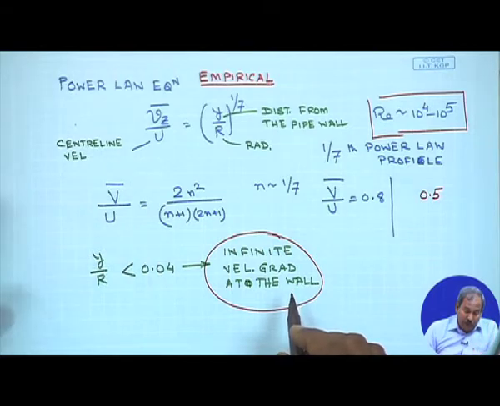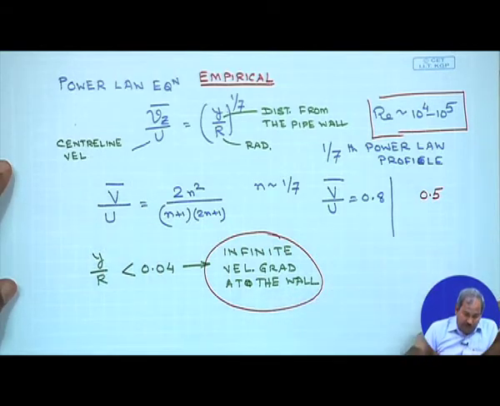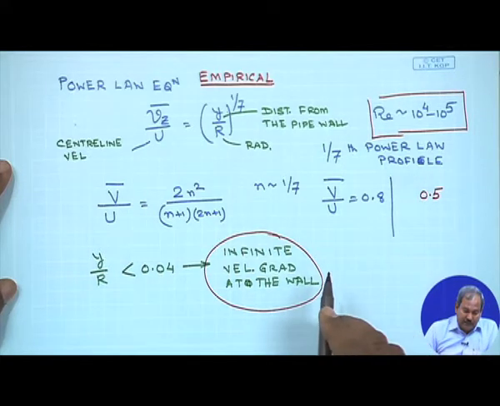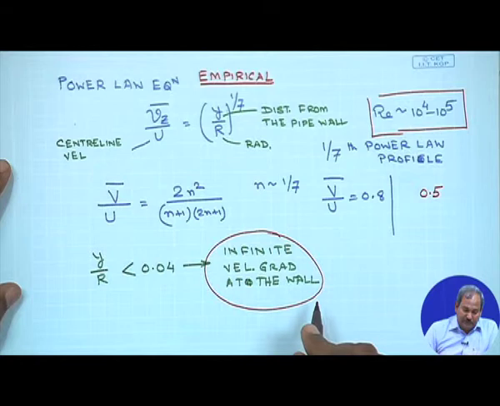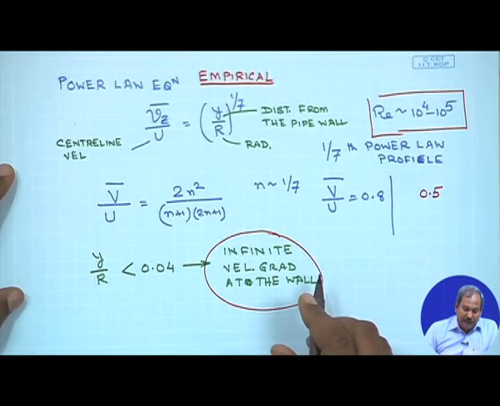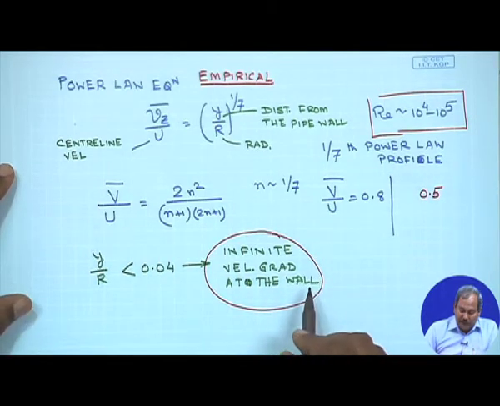So, therefore, one must re-emphasize that although the profile fits the data close to the center line, it fails to give a zero slope at the center line. That is the first problem, and the second problem is that it gives an infinite velocity gradient at the wall.